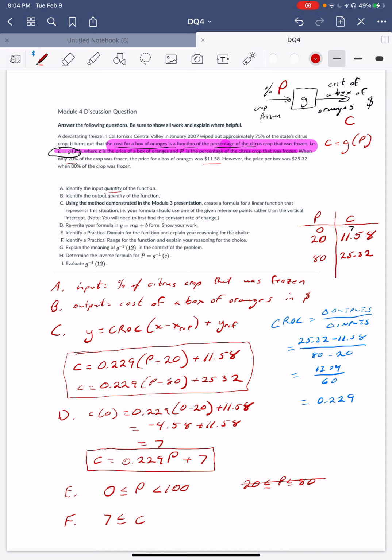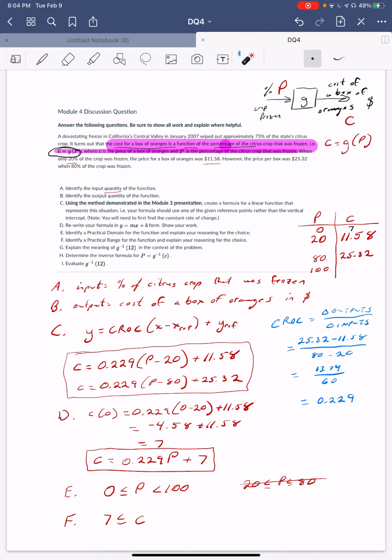Okay, well, what if I go up to that 100, up to but not including that 100? Then what would my corresponding cost for the oranges be? I'm going to put 100 in my table here and find out the cost. I'm going to use any one of my 3 formulas, and I'll just plug in P is equal to 100.